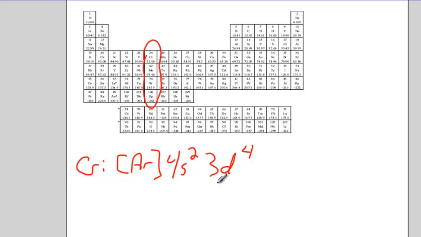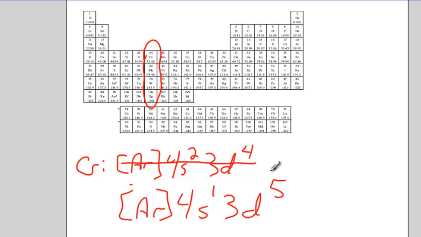It's because the s's and the d's are really close in energy, and half-filled is stable. So what chromium ends up doing is promoting one of the electrons from its s into its d so it can be half-filled. Reality is argon 4s1 3d5. That's true of all the d4s. They end up promoting one from their s to become d5s.